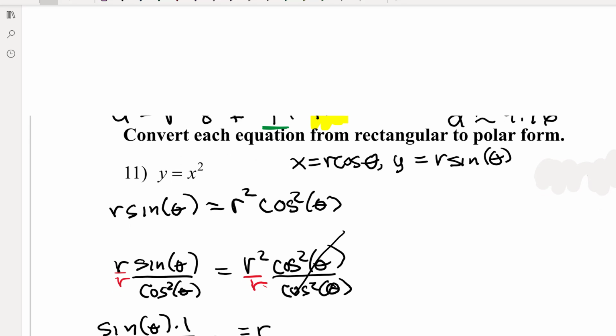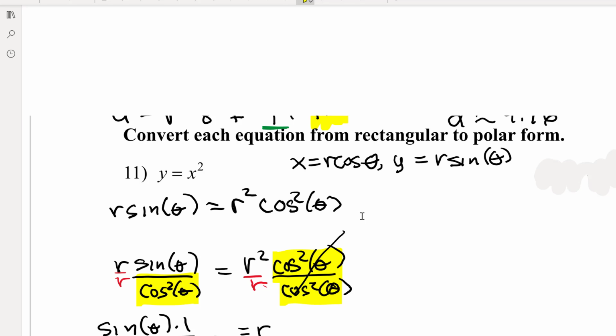Then I want to get the r by itself. So on the right side, I divided both sides by cosine squared.